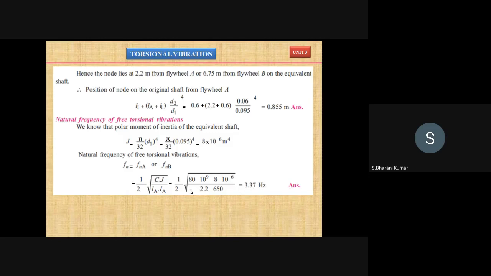Put it again, 1 by 2 pi square root of 80 into 10 power 9 into J, here 80 into 10 power 6, divided by La value 2.2 and Ia equal to 650, the value is 3.37 hertz. This is the model sum that will be asked in the university. This will carry 13 marks.